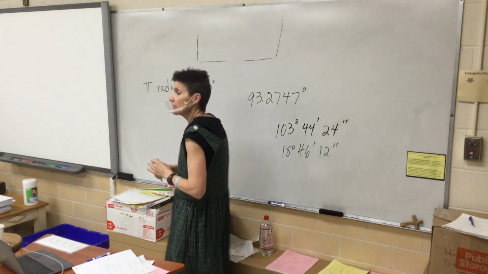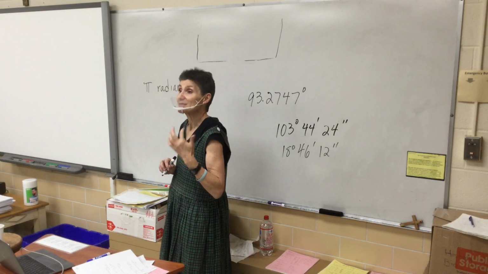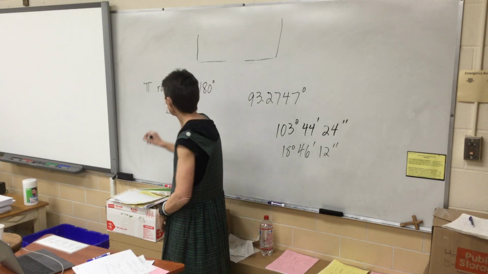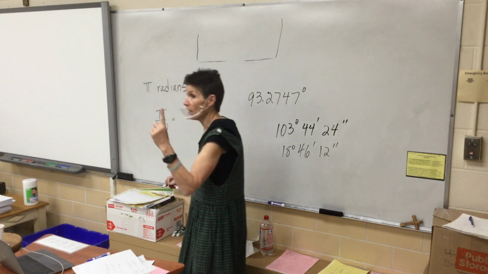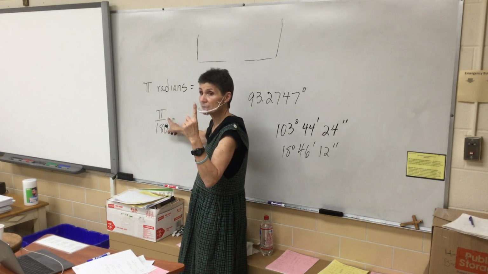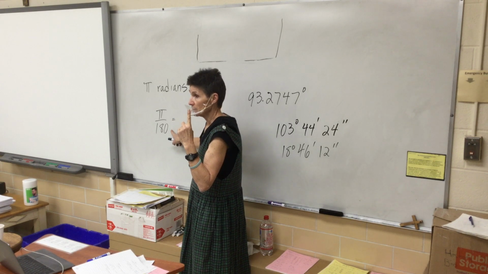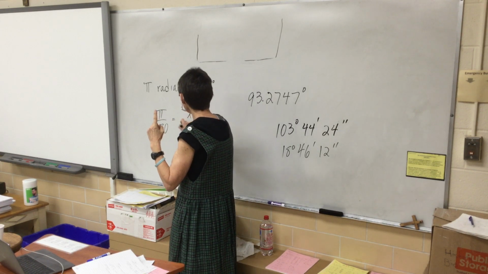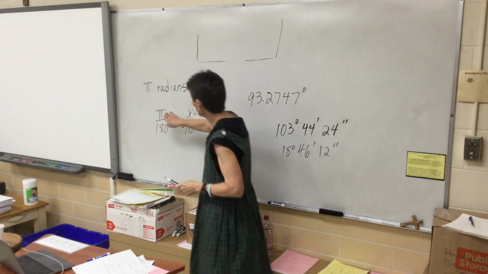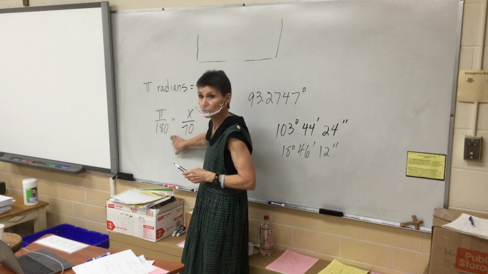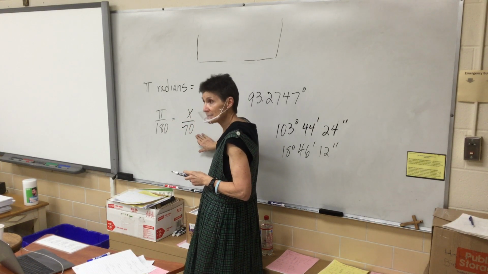So we want to know how many radians is 70 degrees. So pi over 180 is 1. These are equal. Pi radians, 180 degrees. These are equal. I want to know how many radians would be equal to 70 degrees. If pi radians is 180 degrees, how many radians is 70 degrees?